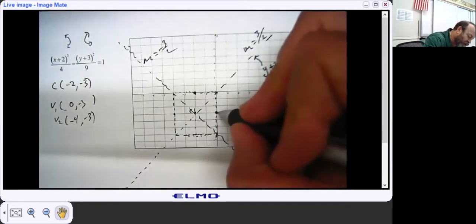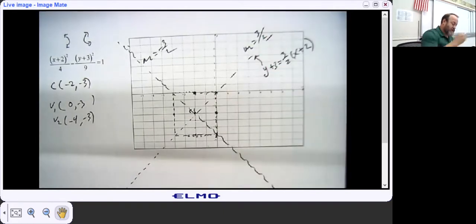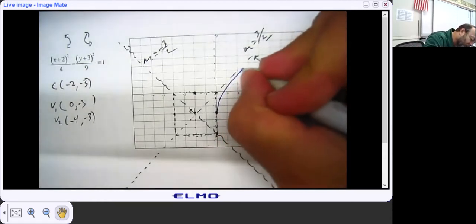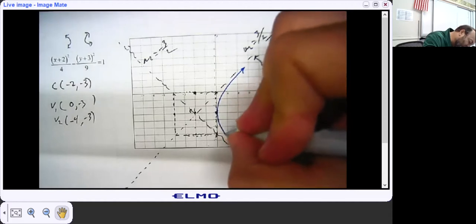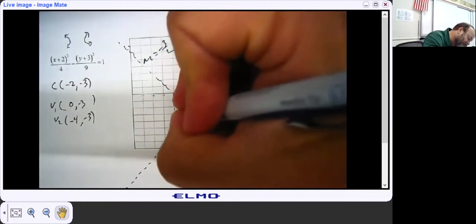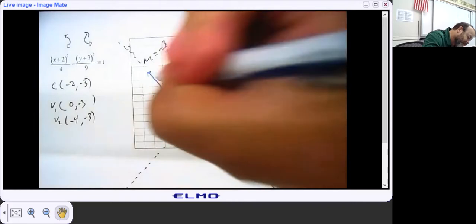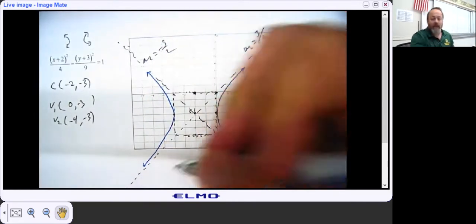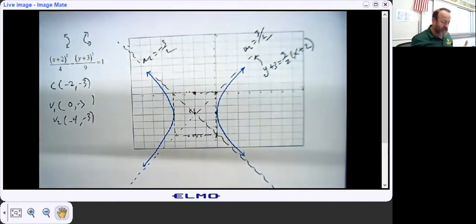And then all we need to do now is sketch the curve, and we're good to go. So it starts here, curves up, looking like it's becoming closer and closer to that asymptote. Remember, a parabola never gets closer to being linear. It just gets steeper and steeper as it moves off to the side.